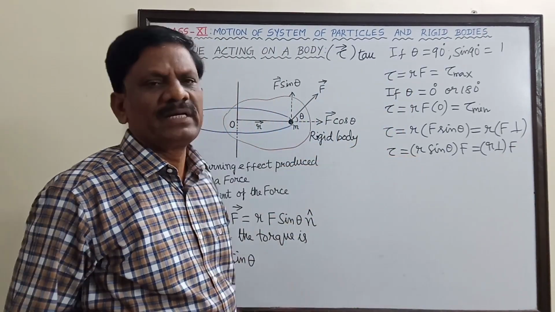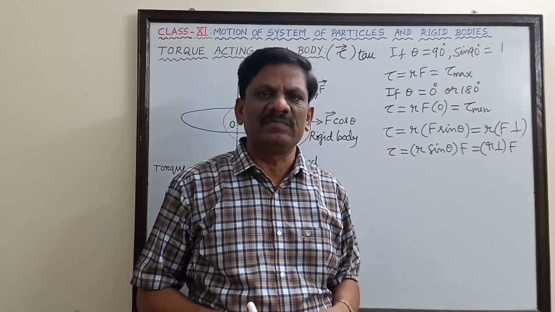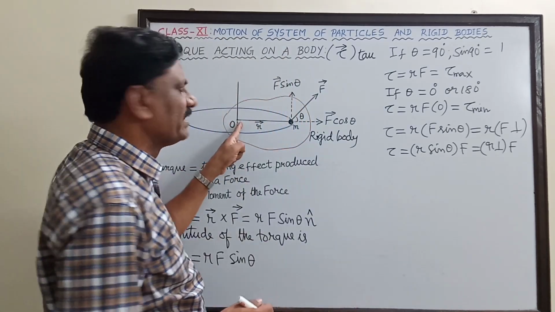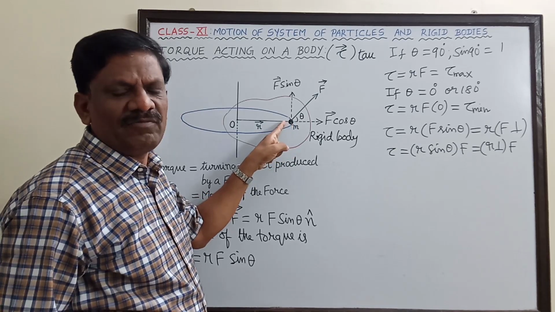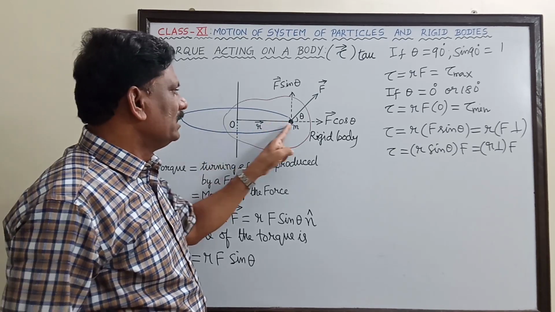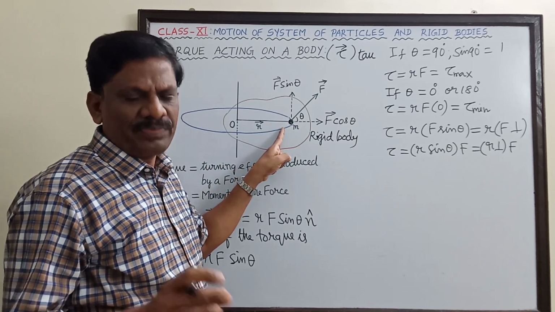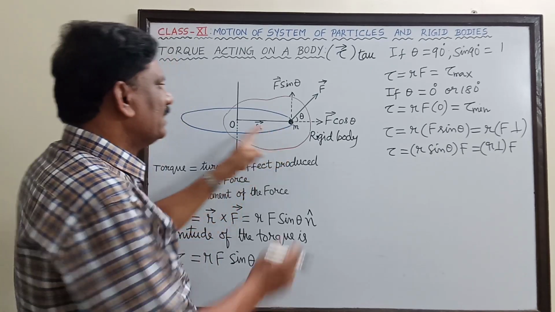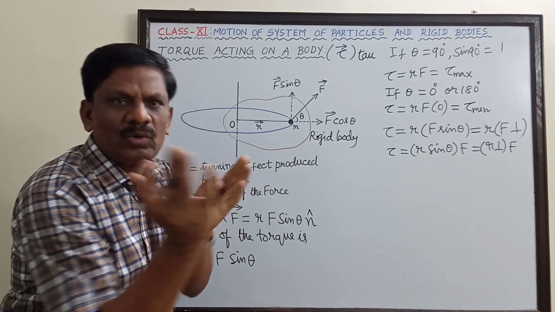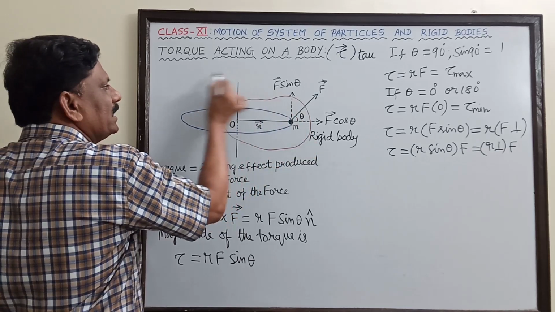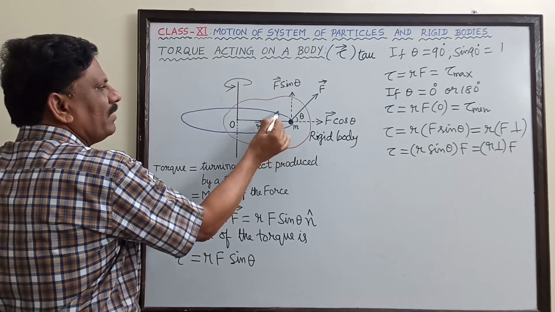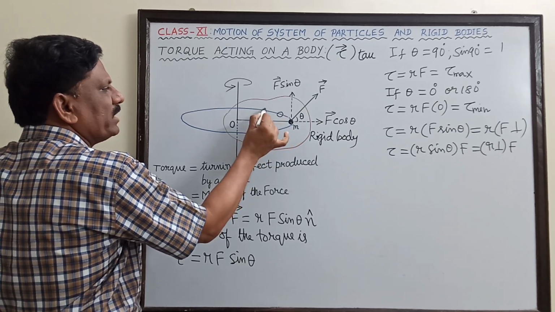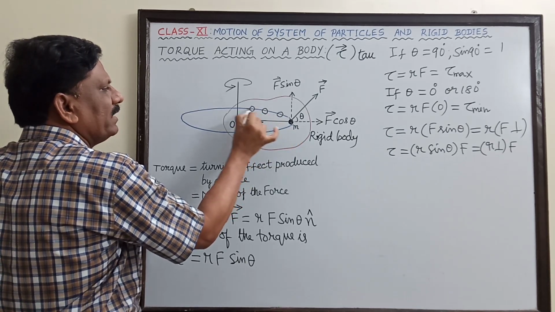Sometimes this position vector is also called the radius vector. Is it not? Because it is the distance from the fixed point or the fixed axis up to the particle where the force is acting. Why? Because when the entire rigid body is turned about this fixed axis, the particle after some time changes its position, comes here, then here.